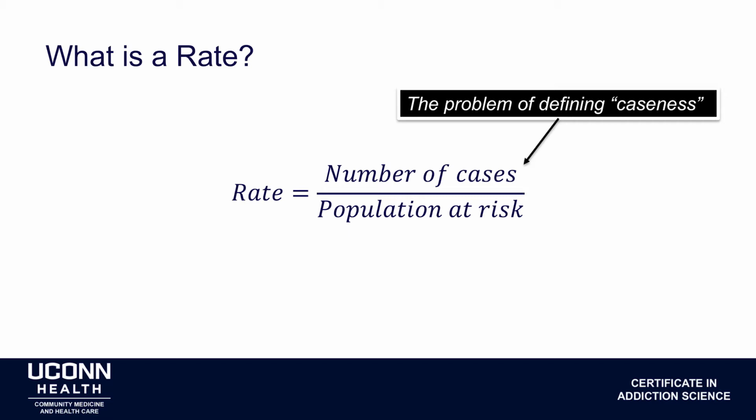This concept will come back over and over again throughout the course. But the number of cases, what's a case? It's very difficult to identify caseness. Throughout the course, we're talking about measurement issues, so you know how to measure cases.